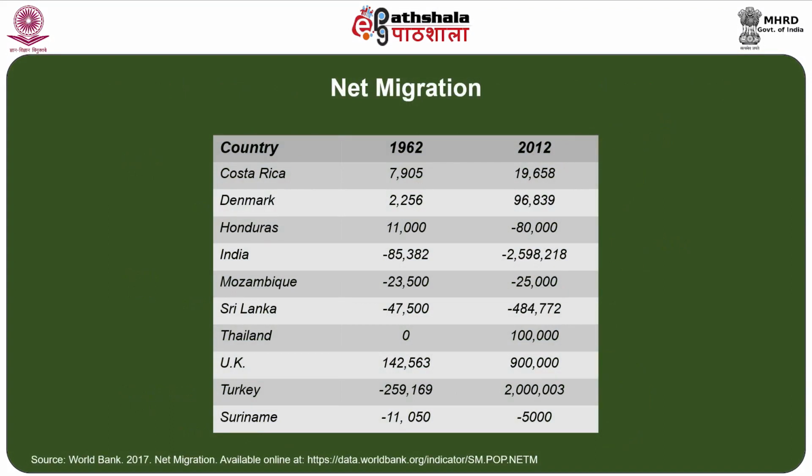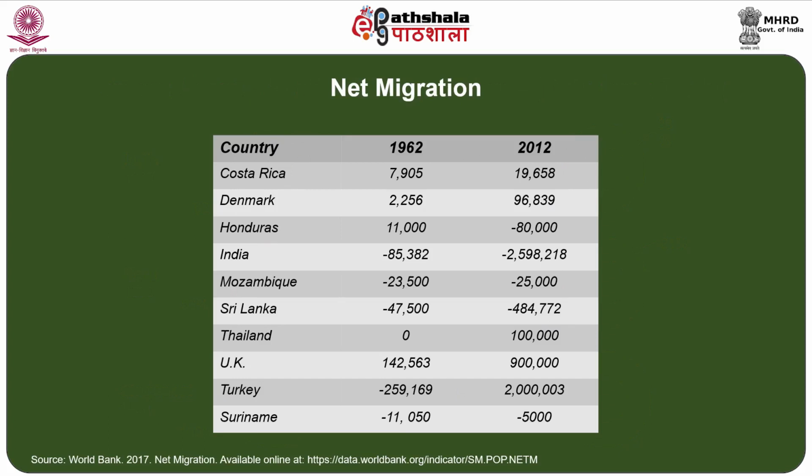On the other hand, Turkey had a negative net migration in 1962 of 259,169, but in 2012 there was a positive net migration of 2,000,003, indicating that in 2012 there were more migrants entering the country than leaving the country.